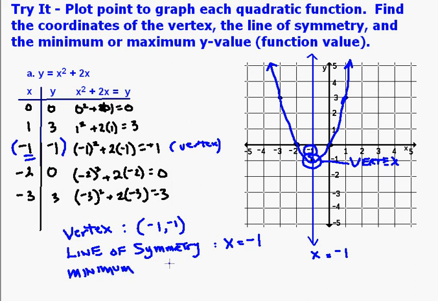The minimum value of the function is going to be negative 1, which is this y coordinate right here. That is where you get the information from. All right.